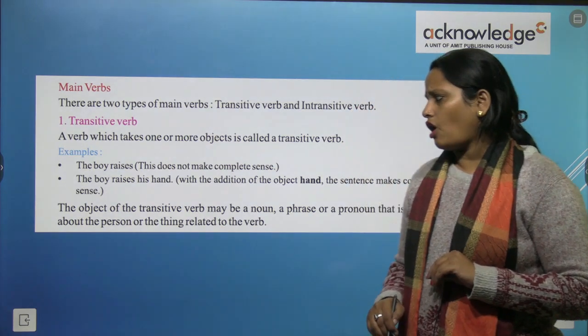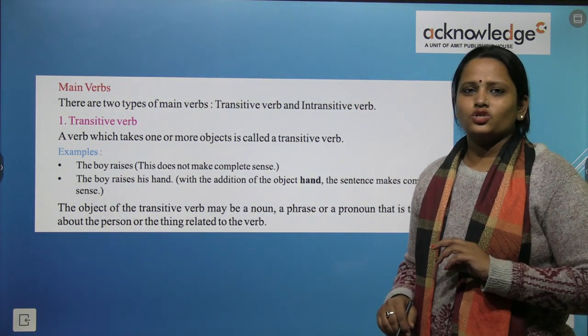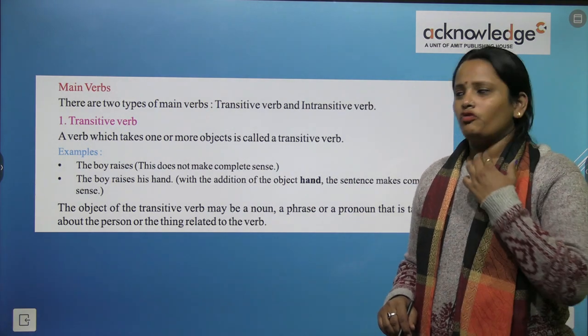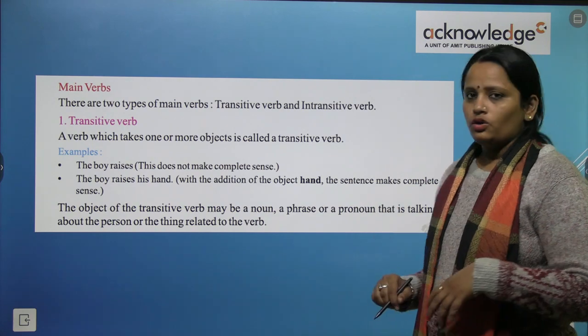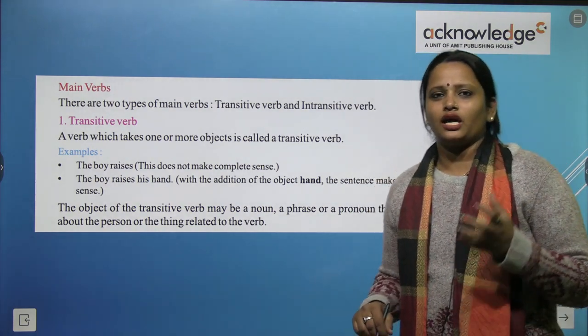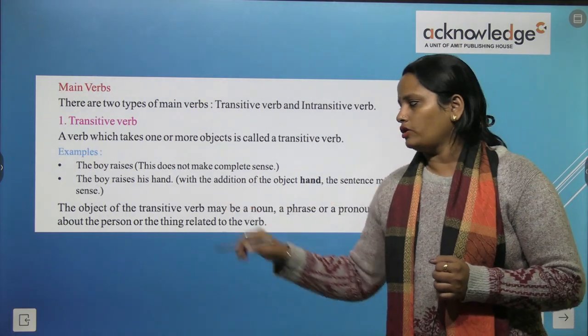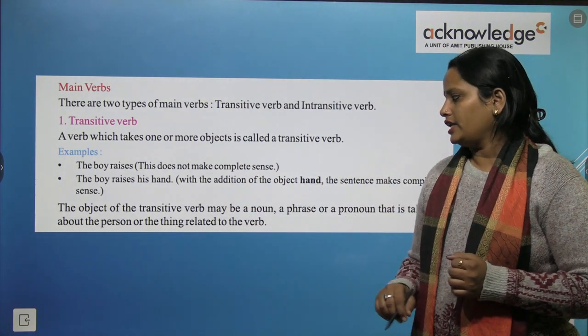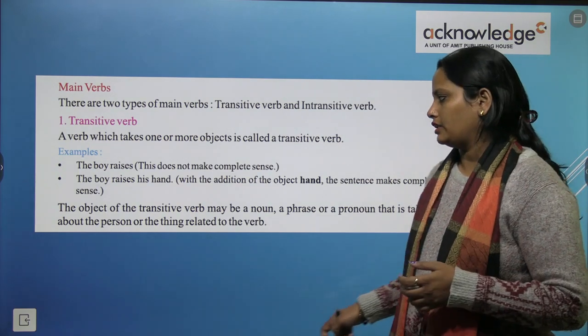The object of the transitive verb may be a noun. So object जो होता है transitive verb का वो noun हो सकता है. A phrase or a pronoun. उसकी जगह पे एक phrase भी हो सकता है या फिर एक pronoun भी हो सकता है. That is talking about the person or the thing related to the verb. जो किसी person या फिर thing के बारे में बताता है.